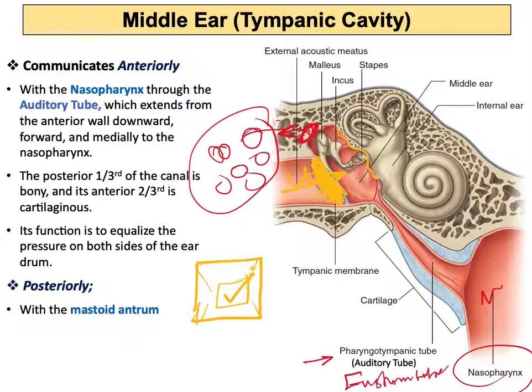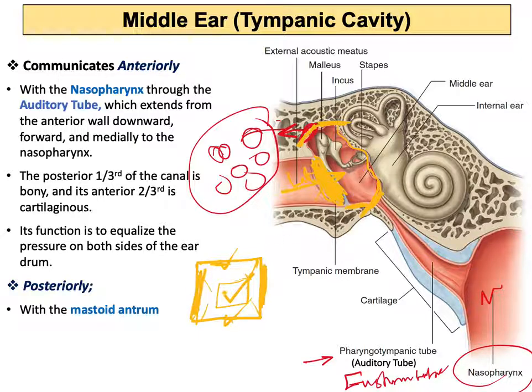That's in your face. While this is the roof and this is the floor. And you have the anterior wall and the posterior wall. This is the anterior wall and this is the posterior wall.